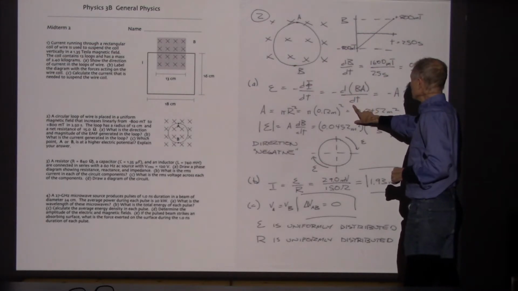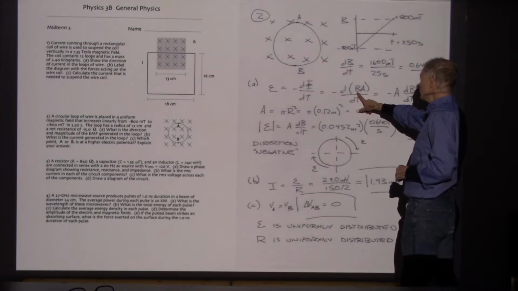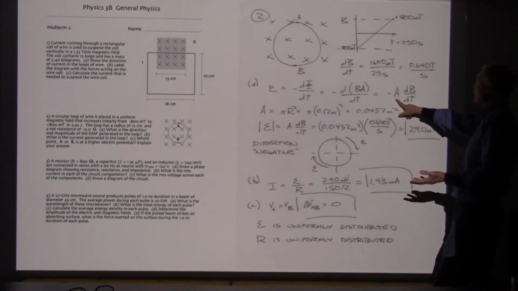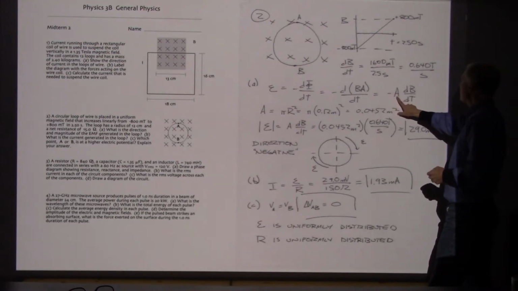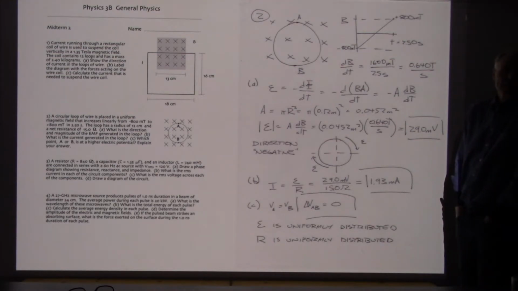I can take the time derivative of that. The area is not changing, but the magnetic field is, so I can bring out the factor of A, and I'm going to keep the minus sign here. What I end up with is dB dt.